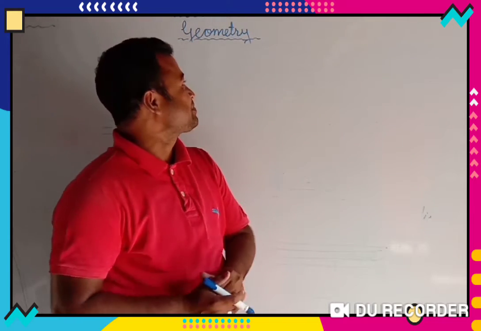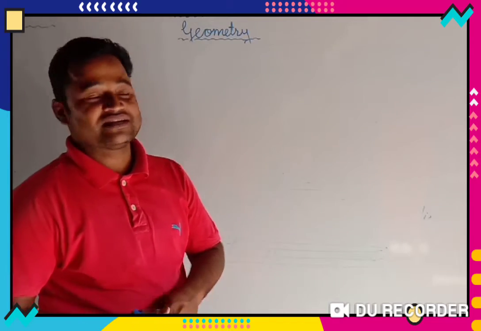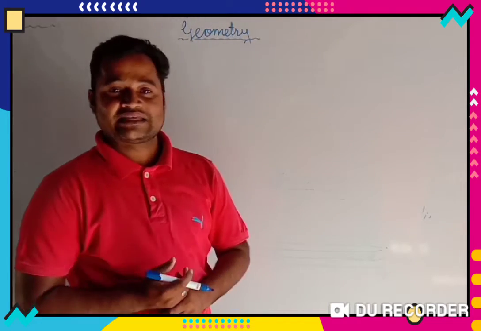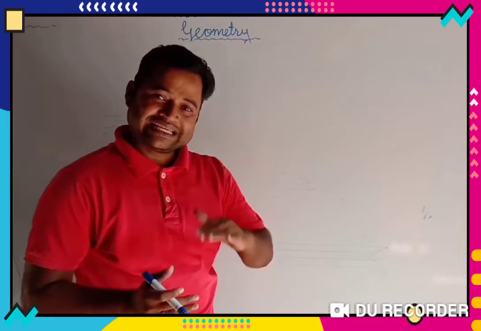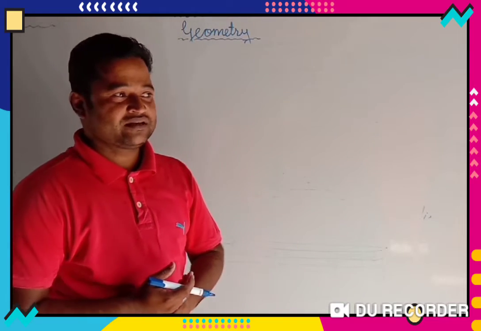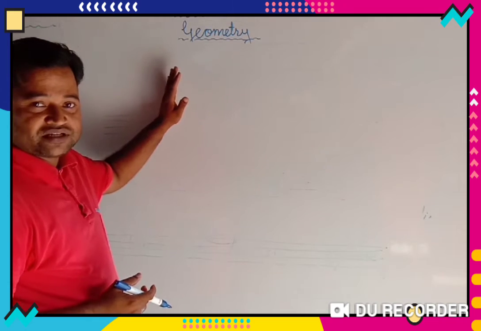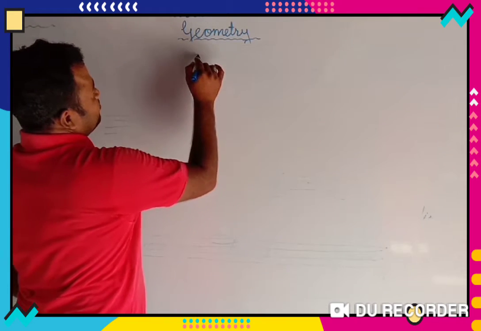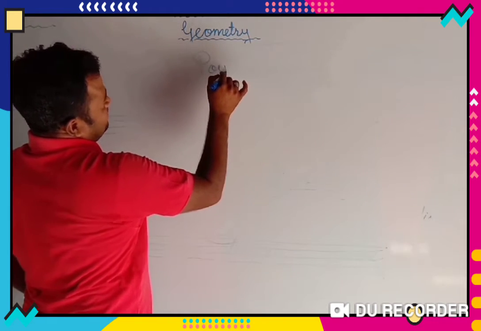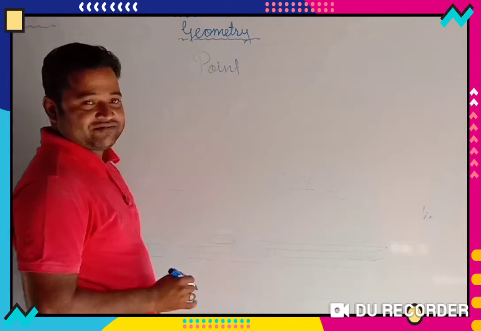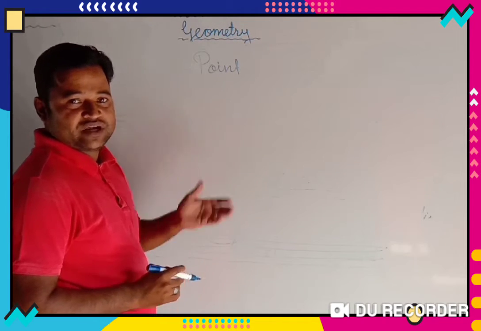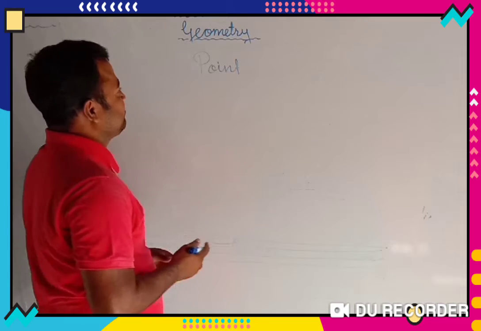Dear students, yesterday we studied some very basic concepts of geometry. Let's recapitulate what we studied in the earlier class. The very basic concepts of geometry which we studied were, first, point. We learned that it is a geometrical figure which is always named by an English capital alphabet.